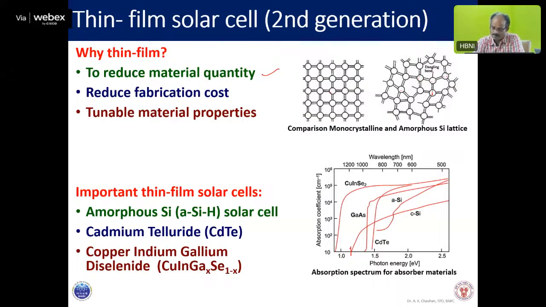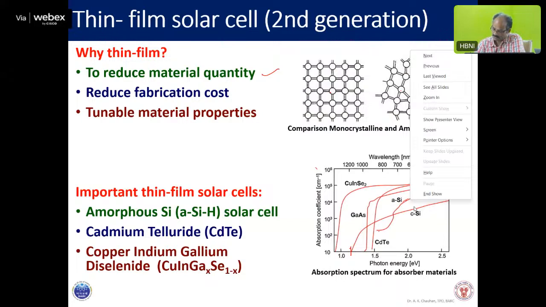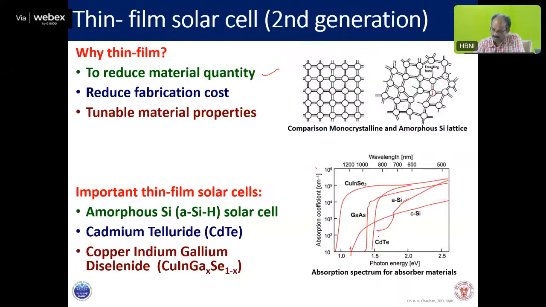The band gap of amorphous silicon is here, and the typical absorption coefficient for this material at different photon energies is plotted here. For amorphous silicon, the absorption coefficient at energies more than 1.5 eV is higher as compared to crystalline silicon.